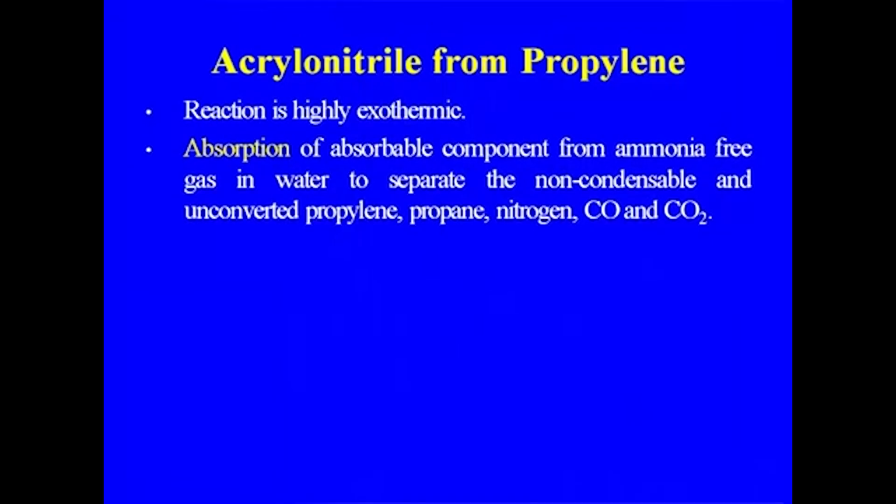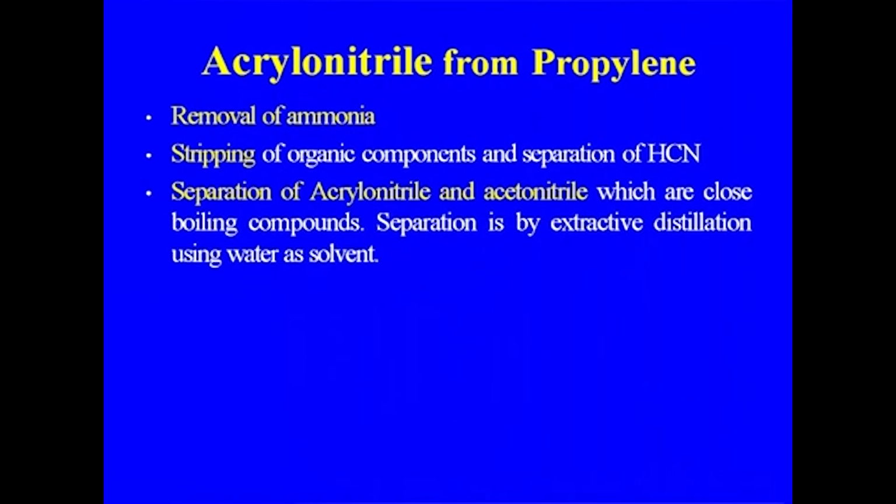These are some of the byproducts we are getting along with the reaction. This reaction, because as you know we are doing the oxidation, is highly exothermic. Absorption, the next stage: the absorption of the components from the ammonia-free gas in water, to separate the non-condensable and unconverted propylene, propane, nitrogen, CO and CO2. Removal of the ammonia, stripping of the organic components and separation of the hydrogen cyanide.